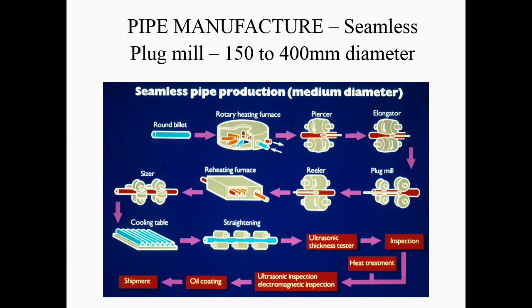And by the time you've completely filled that furnace with initially cold billets, the one that comes out is hot, and hot enough to be able to put through the process. And then you have a tool, you can see here, which you force through the middle of that billet. And you have a couple of rollers here which drive the billet onto that tool.